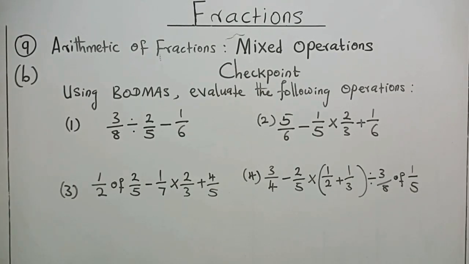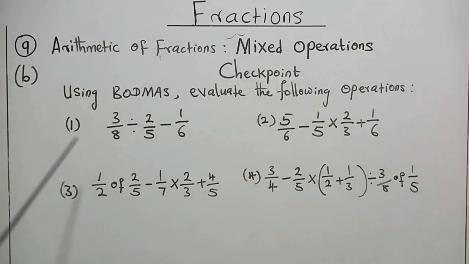And here is a checkpoint. It says, using BODMAS, evaluate the following operations. Number 1, 3 over 8 divided by 2 over 5 minus 1 over 6. Number 2, 5 over 6 minus 1 over 5 times 2 over 3 plus 1 over 6.